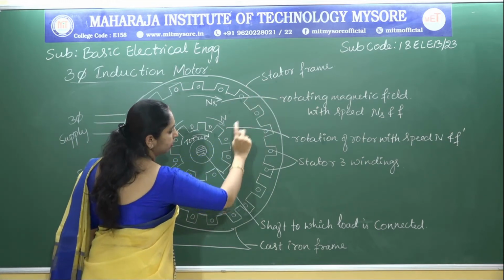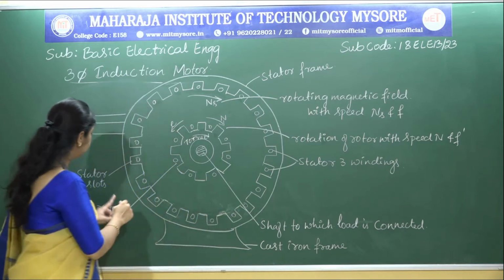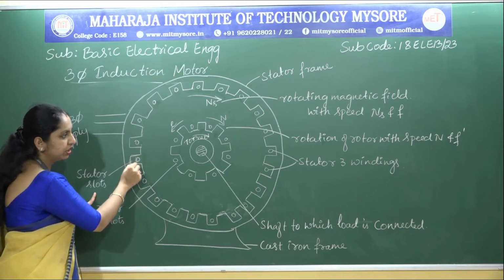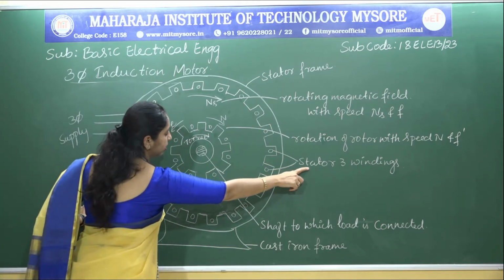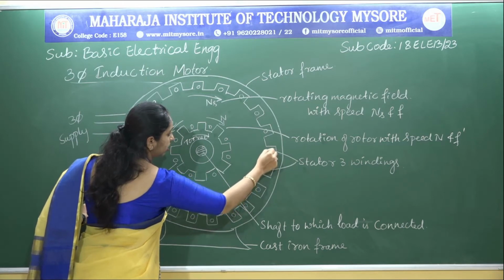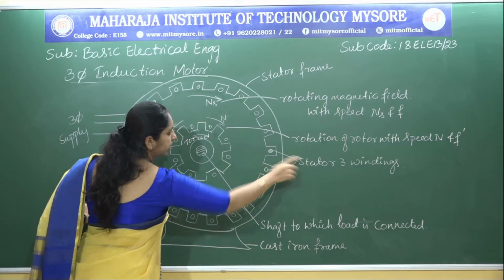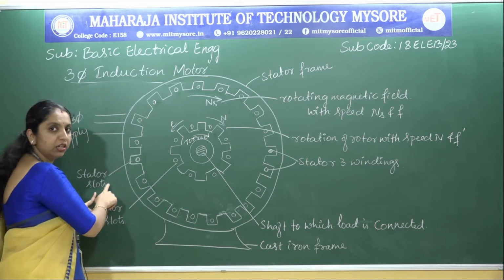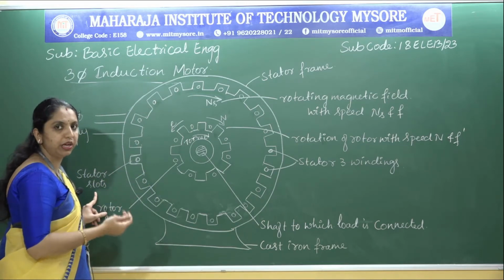When we consider the construction details, this is the stator slot, where we can accommodate the stator 3 windings or conductors. The circles are nothing but the stator 3 windings, and these are the stator slots where we can accommodate the windings.